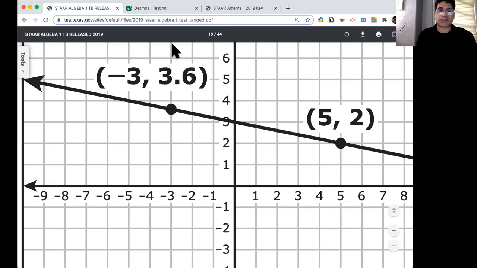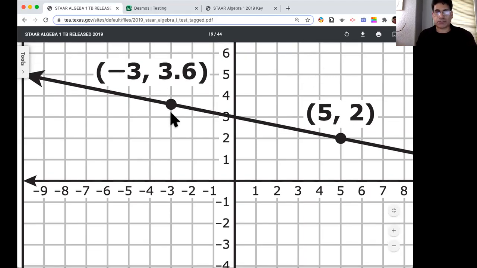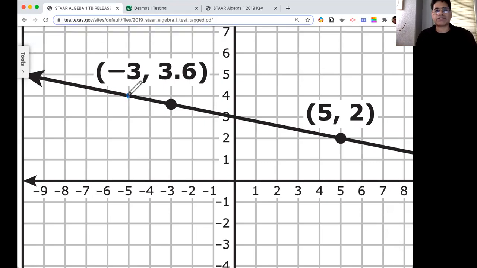So which means that we take 2 good points, and we don't want them in the middle of the line like that. We actually want them like this here. We actually want them to be nice, clean points. And we take a nice clean point elsewhere. And that's not very clean. I'm not sure if that's exactly on 3.